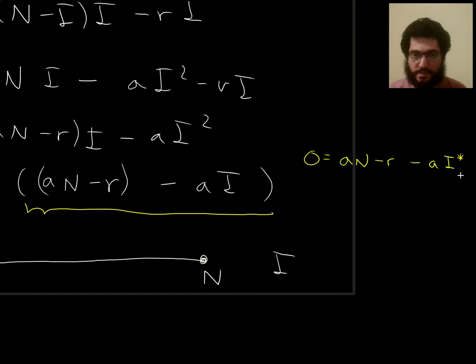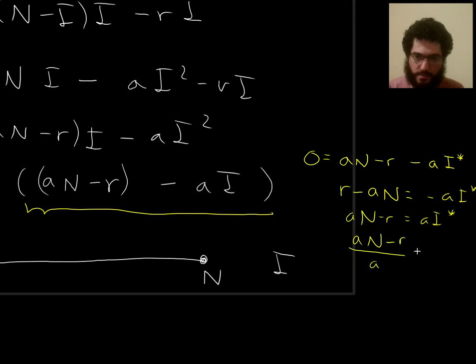I'm using the star since that's just our convention for denoting critical points. Okay, and then solve for I star. So I've got (aN minus r) over a there. So that is I star.